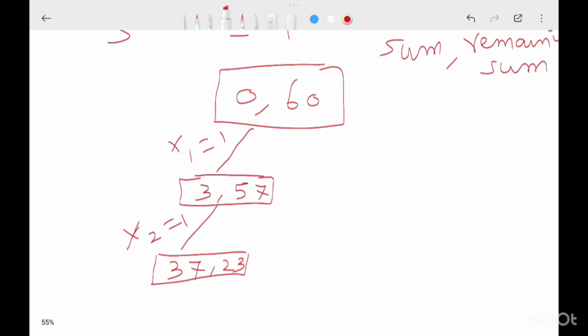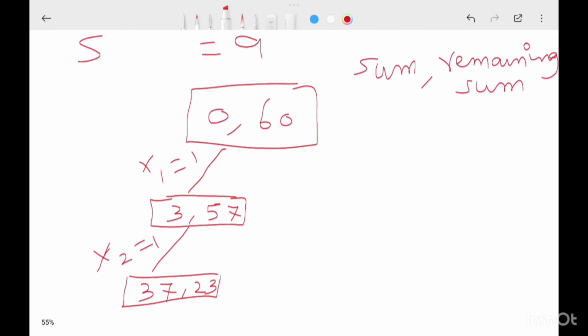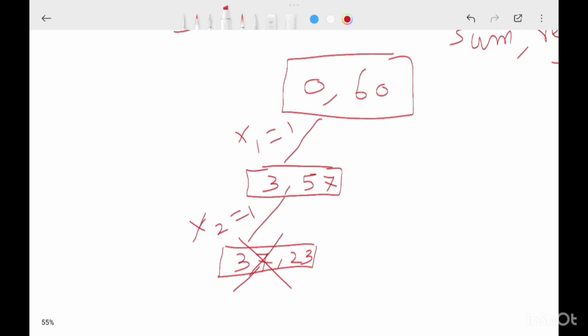Now I am checking the constraint. In this state the sum is 37, which is greater than 9. So our first constraint fails. This state is not a feasible state, so I just kill this state. This means I am not going to explore any possible states below it.